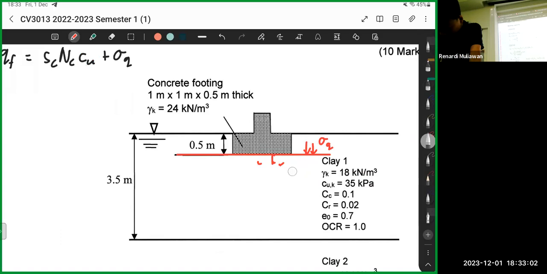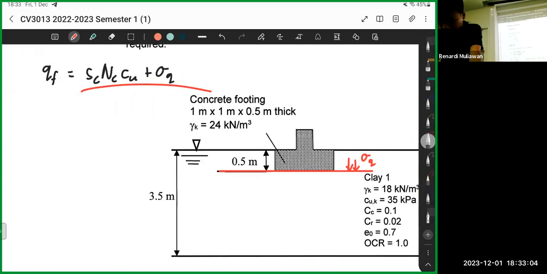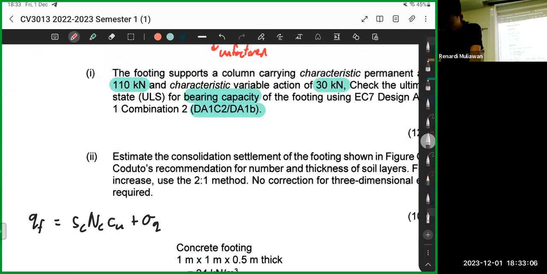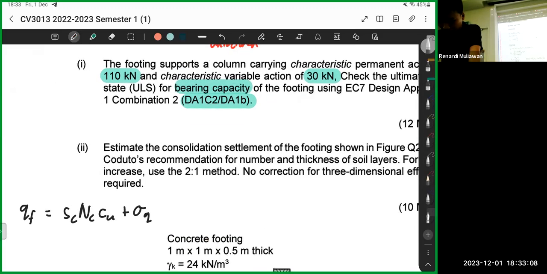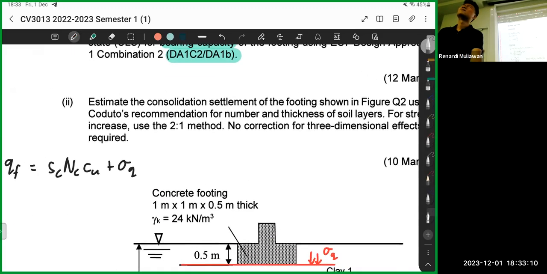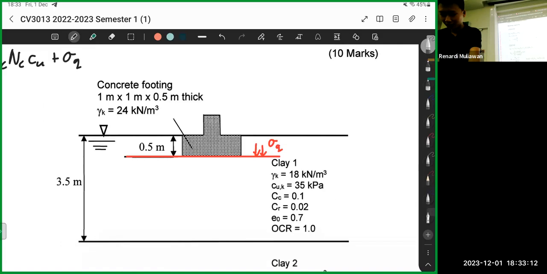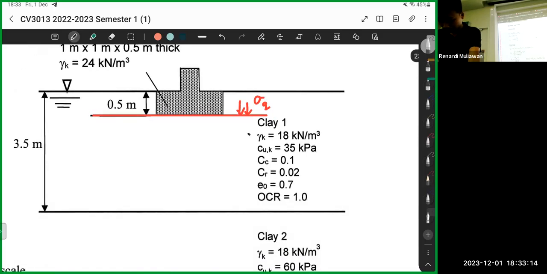Okay. So let's find this one by one. This one is DA1C2. So we need to find the design material properties for DA1C2. Let's start with cu first.